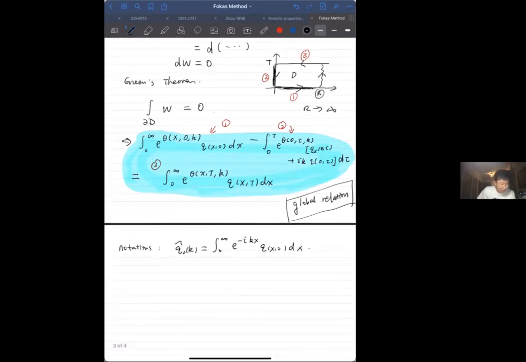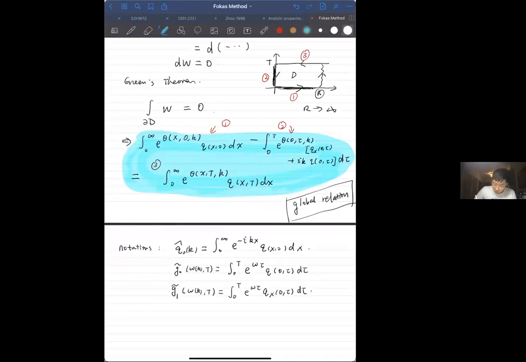And g0 tilde of omega, k, T equals the integral from 0 to T of e to the omega tau q(0,tau) d tau, and g1 of omega, k, tau is the integral of e to the omega tau q_x(0,tau).